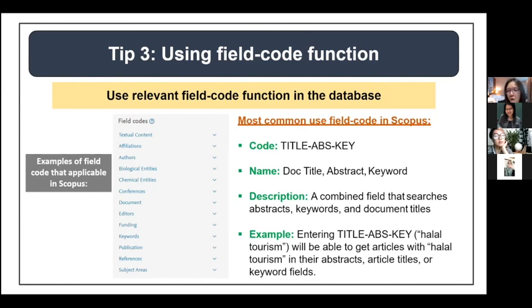Sometimes it's not in the title. When you read articles, I'm sure you know this. Sometimes the title is talking about one thing, but the content is another thing. So in order to get a more detailed search for all the articles, make sure that you include the field code of title, abstract, and also keywords, so that you will get more articles. This is tip number 3.